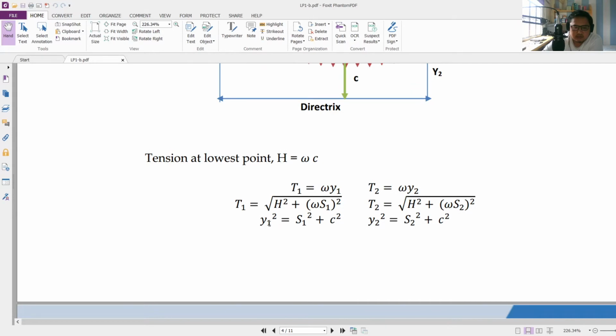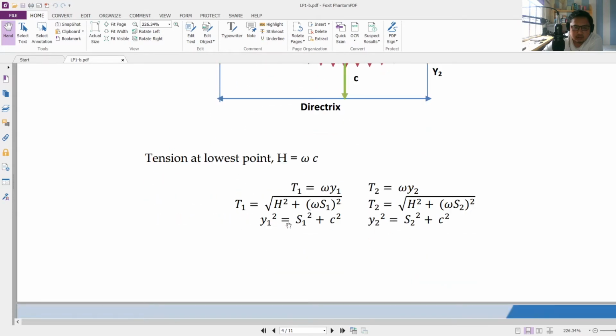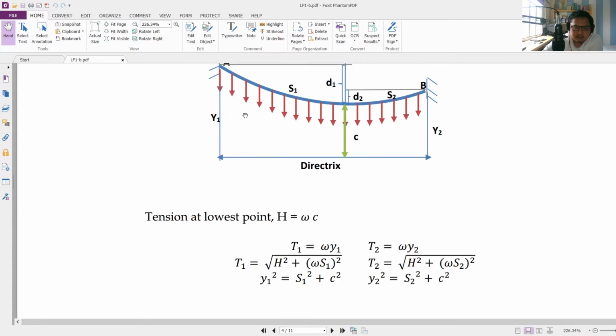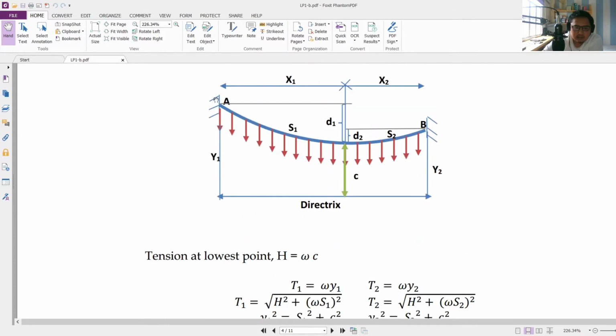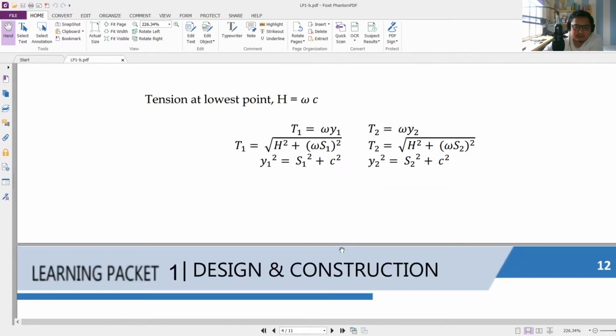Now let's go to y1. y1 squared equals S1 squared plus C squared. To get the distance from the support to the directrix, called y1, the formula is y1 squared equals S1 squared, the length of the cable in the left segment, plus C squared, where C is the distance from the lowest point to the directrix.